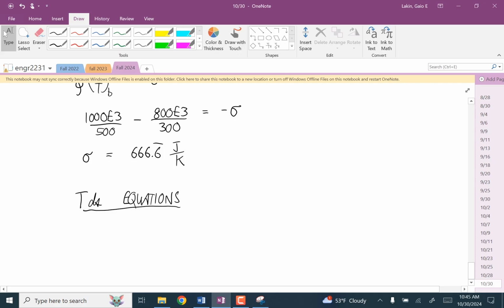So these are always applicable. There aren't too many equations that we've had where that's true.